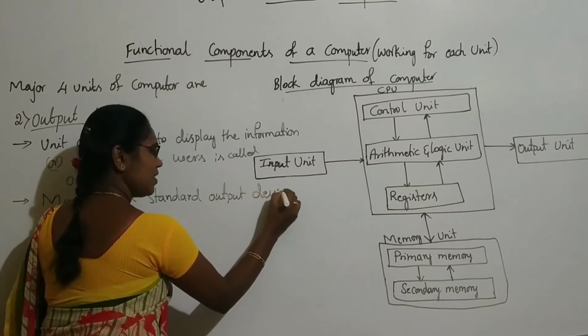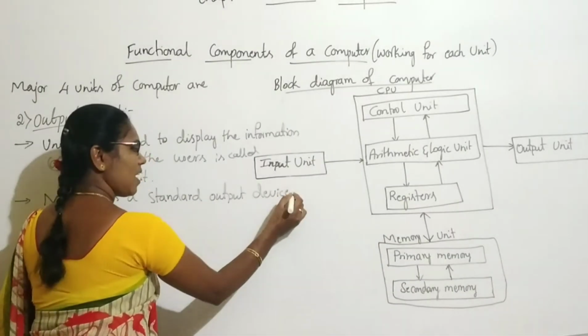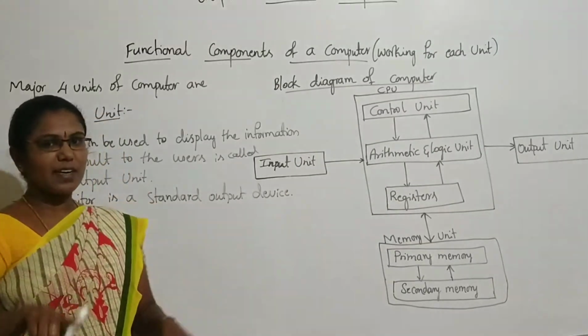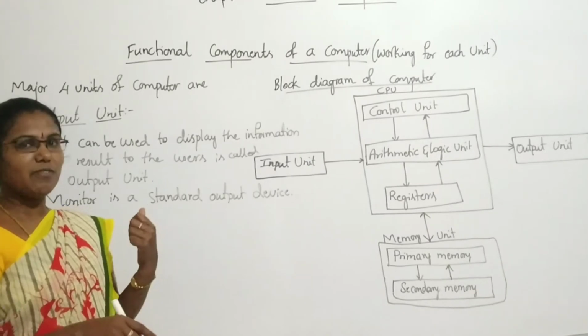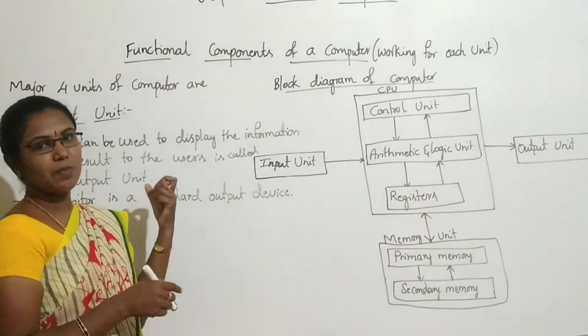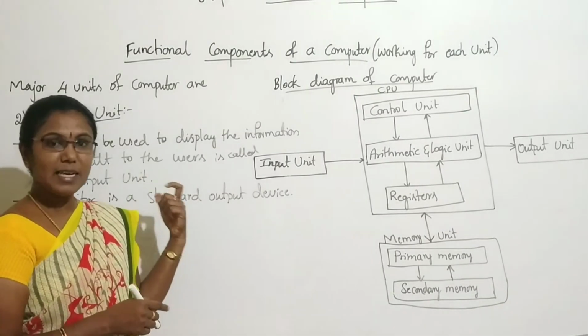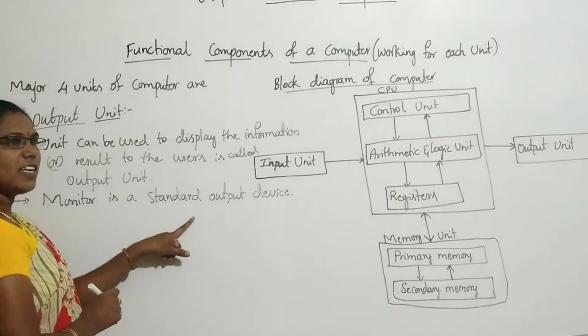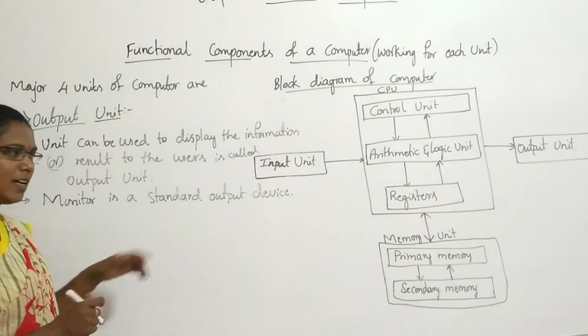Because students, you know, each and every computer has a monitor device, because whatever type of data we give can be seen by using the monitor device, and whatever results the CPU generates also display on the monitor device. Basically, each and every computer must have a monitor device. So that monitor is called a standard output device.